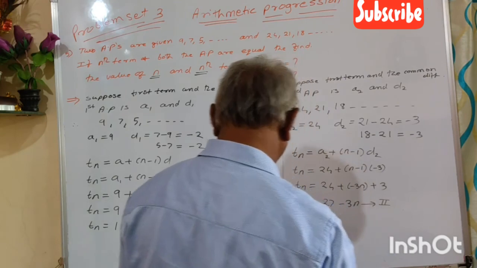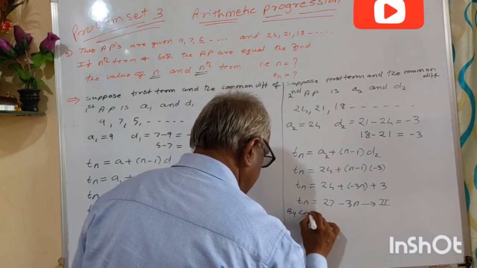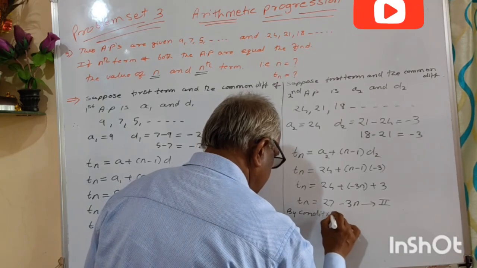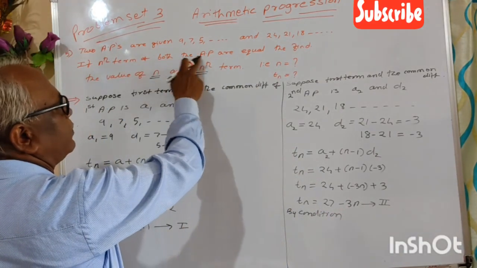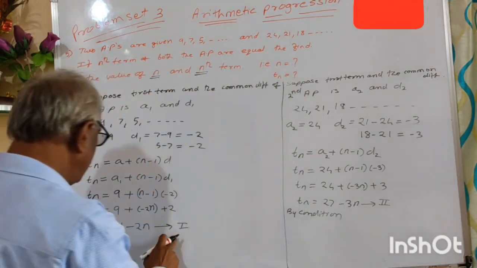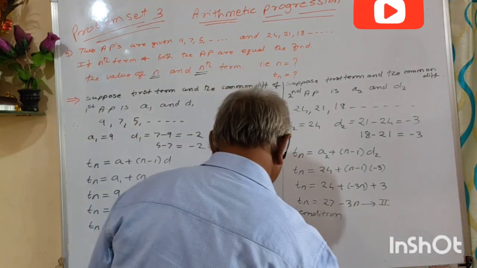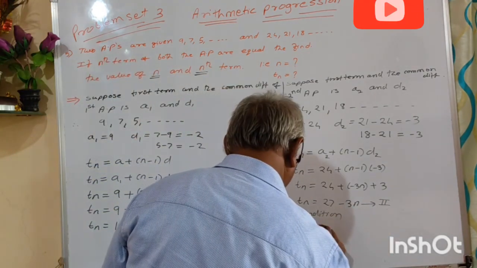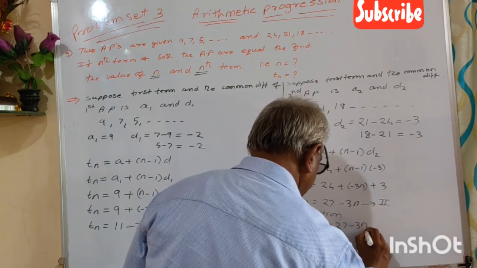By condition, what is the condition now here? The nth terms of the arithmetic progressions are equal. That means this equation 1 Tn and this equation 2 Tn are the same. That means 11 minus 2n is equal to 27 minus 3n.